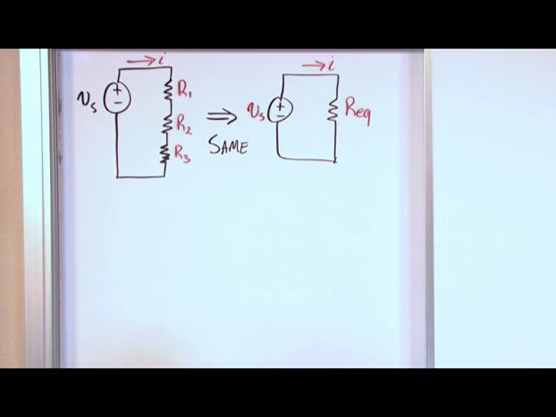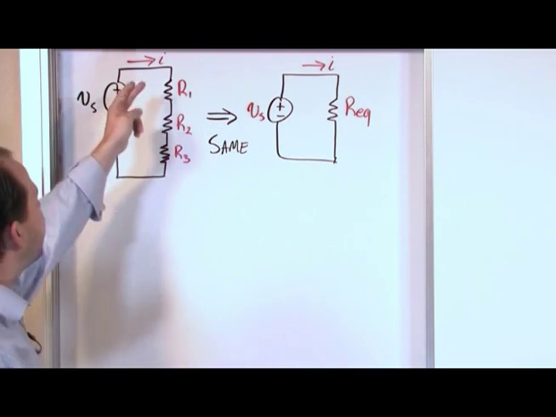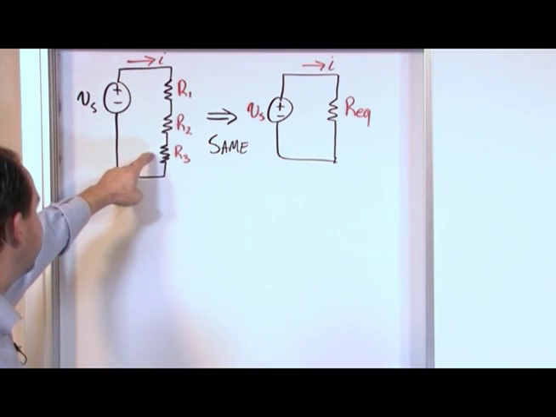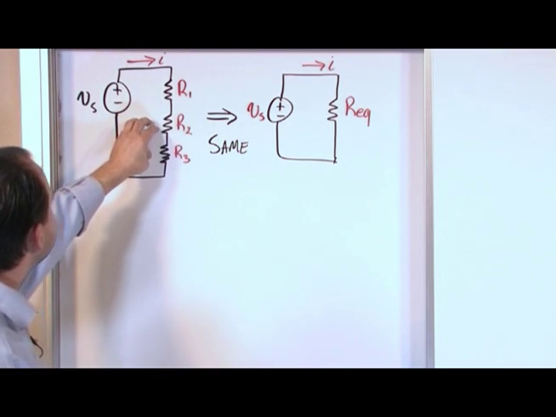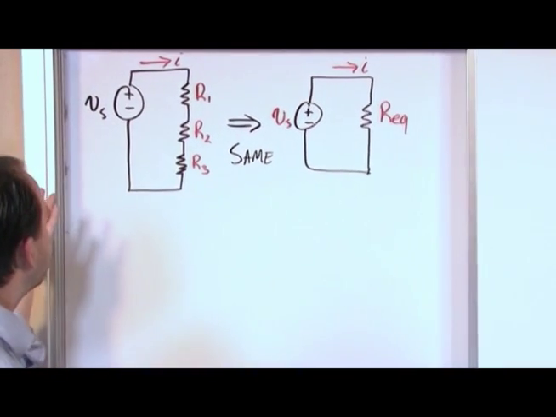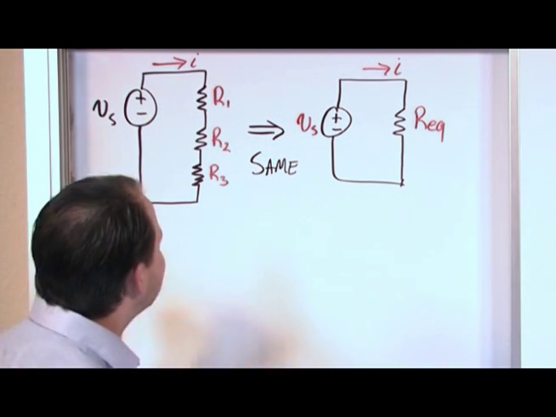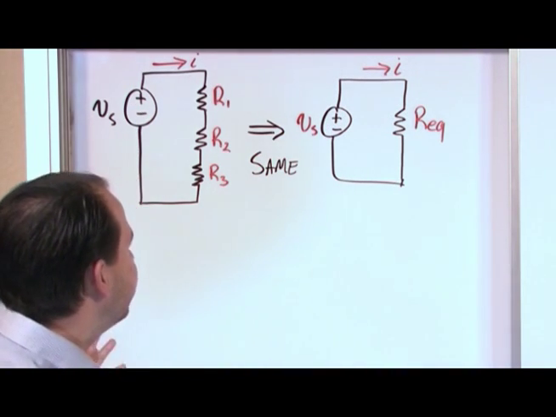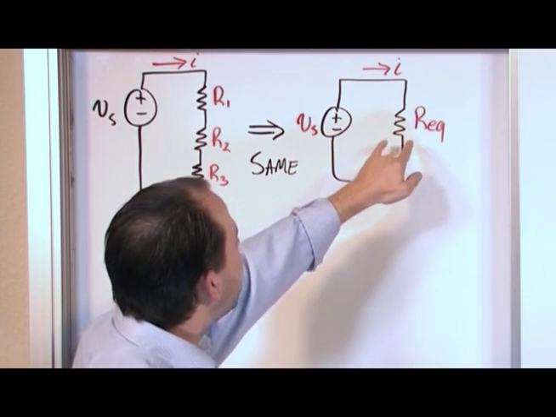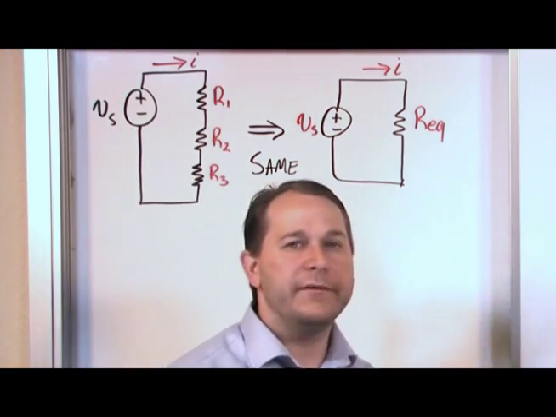What it basically says is if you go to the store and you buy 3 resistors of 3 different values and you build this circuit here, then you're going to have some current flowing around, and you'll be able to measure that. That's great. And that's exactly the same, from a big picture point of view, as if you were to take the same source and instead combine it with some equivalent resistance.